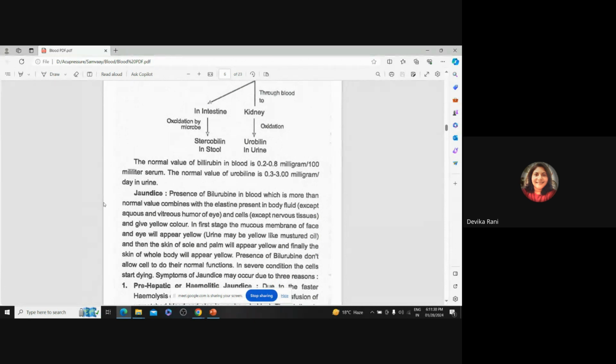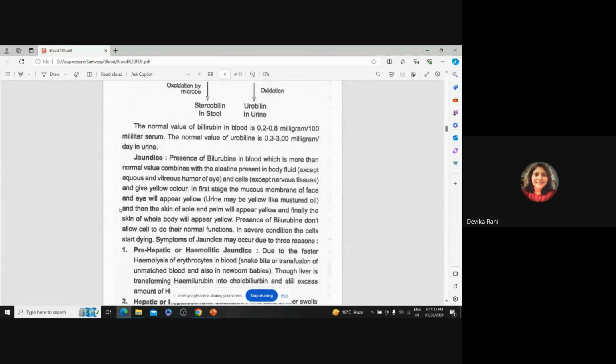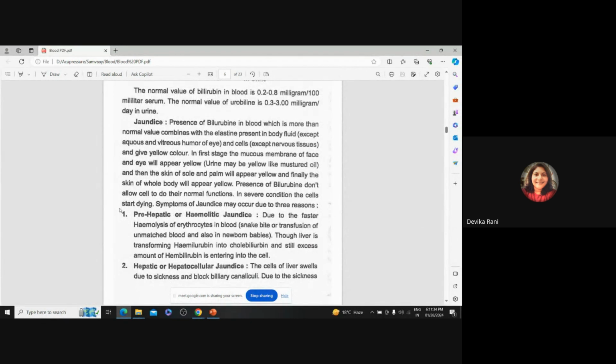So now let's study jaundice. What happens when bilirubin in blood is present more than the normal value? When that happens, it combines with the elastin present in the body fluid, except the aqueous and vitreous humor of the eye, and in cells except nervous tissue, and gives a yellow color.